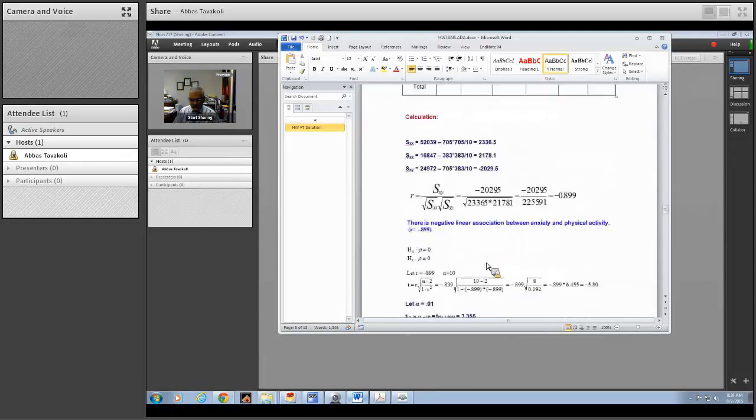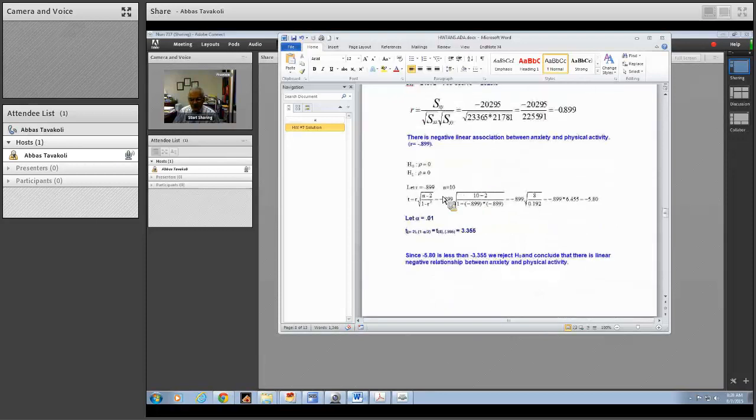Again, using the same formula, t equals r times the square root of n minus 2 over 1 minus r squared. If you plug in the information, you get negative 5.8. And for alpha 0.01, negative 5.80 is less than negative 3.355.